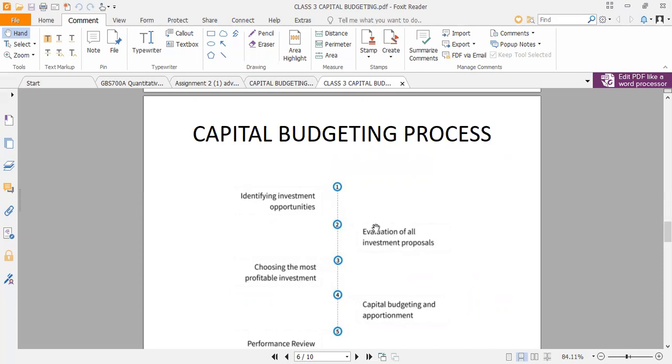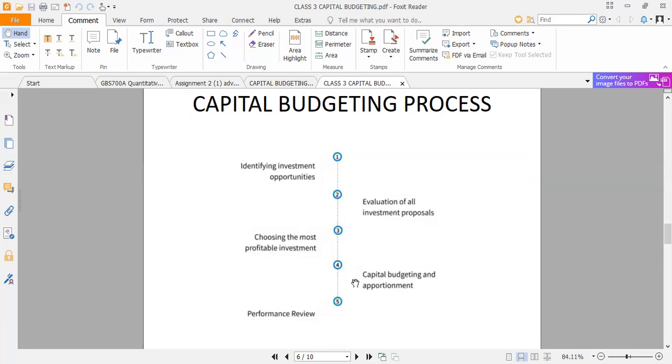You identify, and then after identifying, you choose the most profitable investment. That's another process that you need to consider there. Of course, you also need to evaluate your investment. As much as you identify and select which will be profitable, you also have to evaluate the investment proposals.